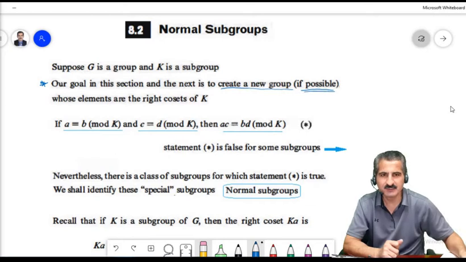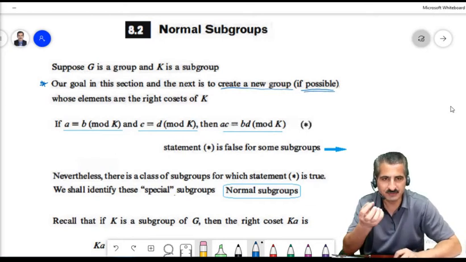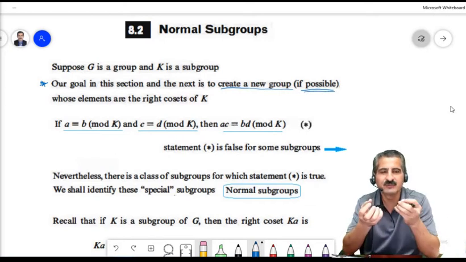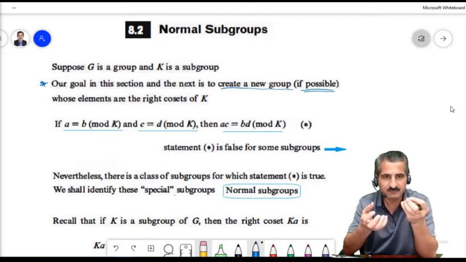So the idea: we start with a group G and take a subgroup of it, which is K. Now using this K, we might or might not be able to define a new group using the G and the K. If this K is a normal subgroup, then we can define a new group, which we will call a factor group or quotient group.